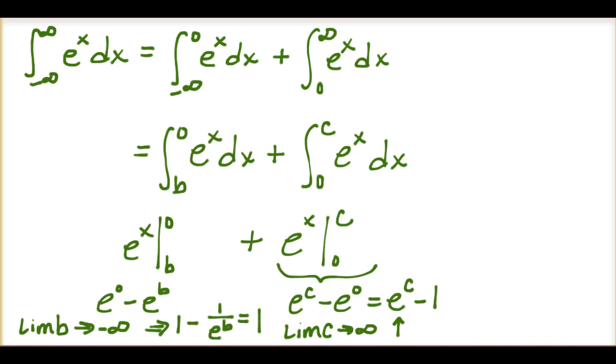So the second half of this integral is going to be infinity. So we will get 1 from the first part plus infinity, which tells me that this integral is divergent.